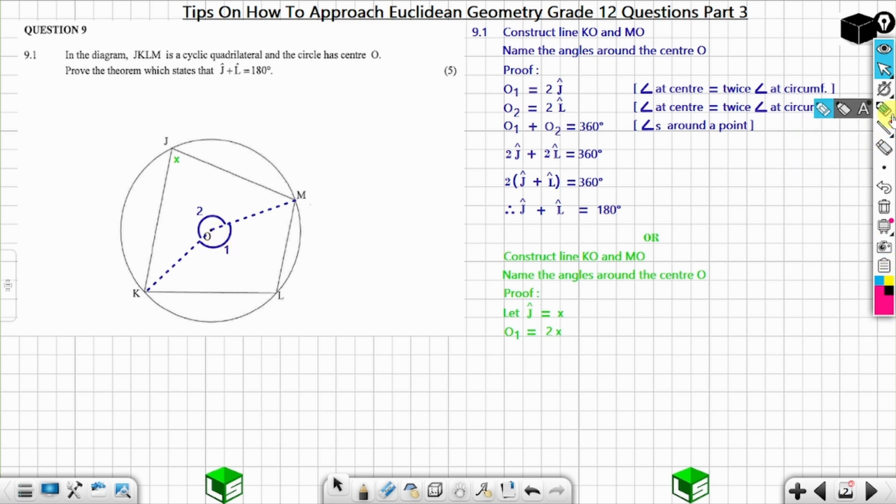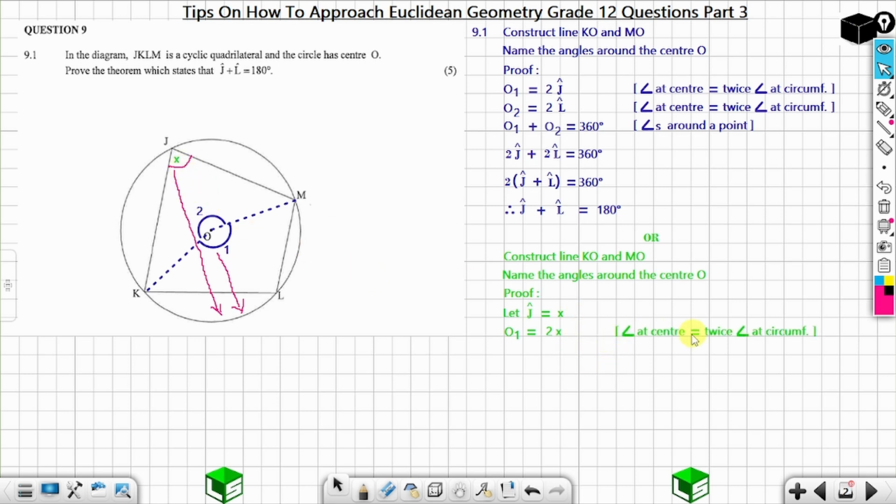You can see angle X, or angle J, is subtended by this arc KM, and angle O1 is also subtended by the same arc KM. So we are going to combine O1 and X. The angle at the center O1 is twice the angle at the circumference.